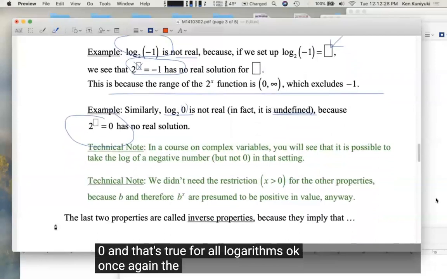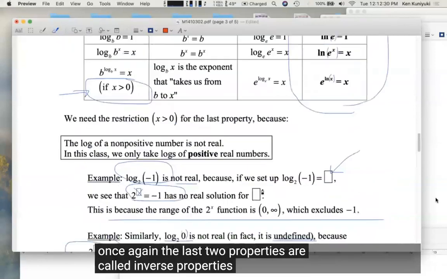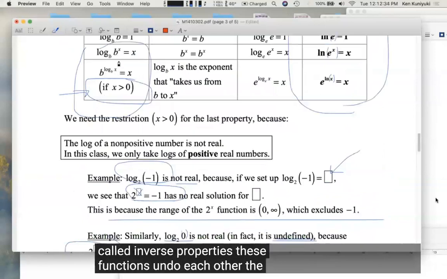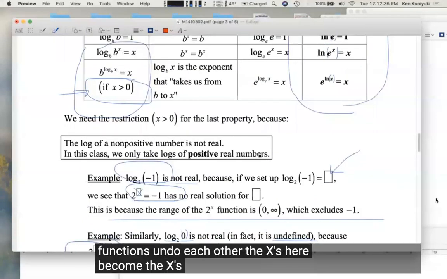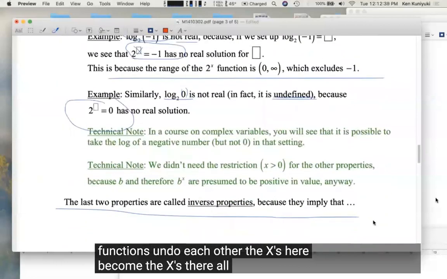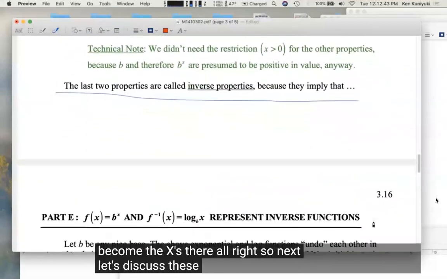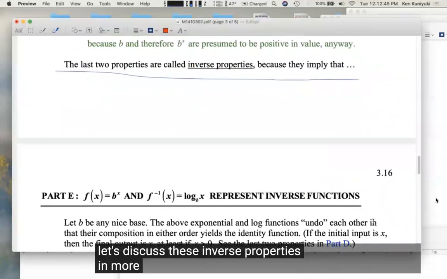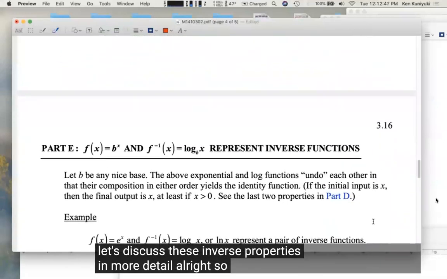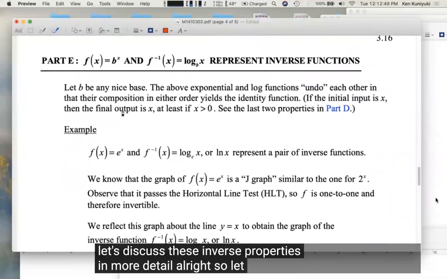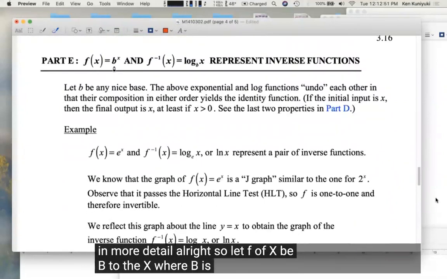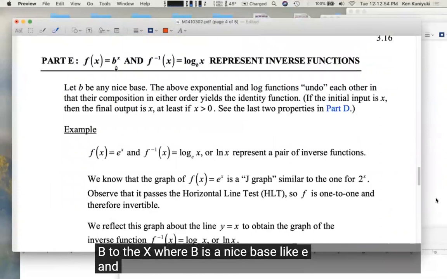Okay, once again, the last two properties are called inverse properties. These functions undo each other. The x's here become the x's there. All right, so next, let's discuss these inverse properties in more detail. Let f of x be b to the x, where b is a nice base, like e.